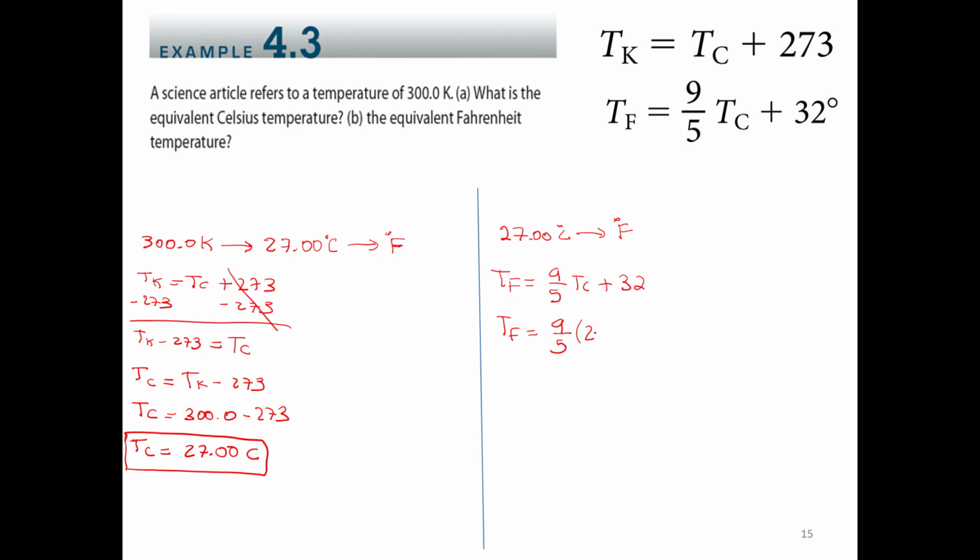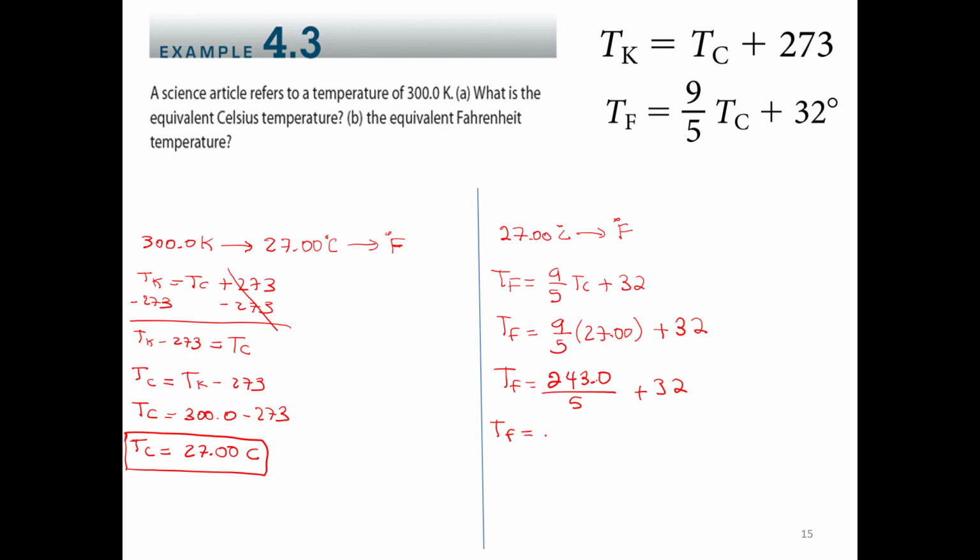Now the temperature in Celsius is 27, plus 32. If we multiply this, we get 243 divided by 5, which is 48.6, plus 32.